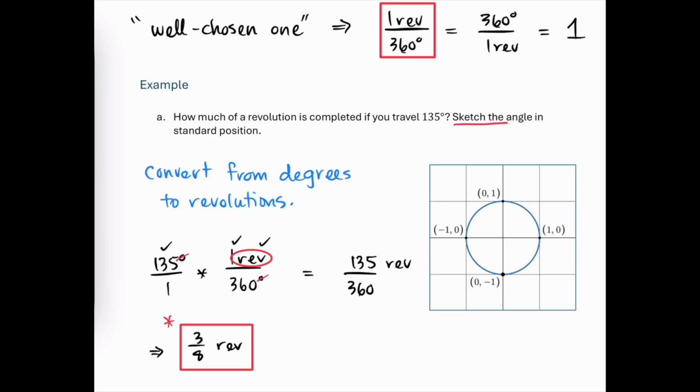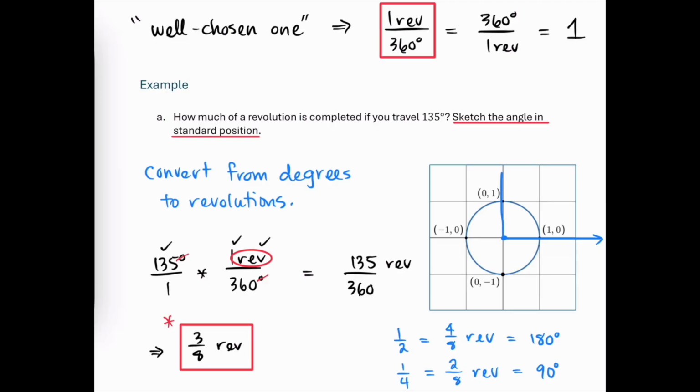And so now we're asked to sketch this angle in standard position. So we start with our initial side along the positive x-axis. Let's recall that 1/2 of a revolution, which by the way is the same thing as 4/8 of a revolution, is 180 degrees or a straight line. And also 1/4 of a revolution is the same thing as 2/8 of a revolution, which was 90 degrees, a right angle.